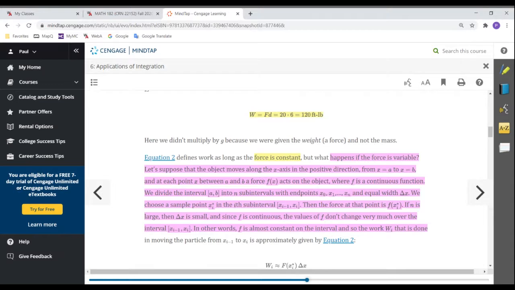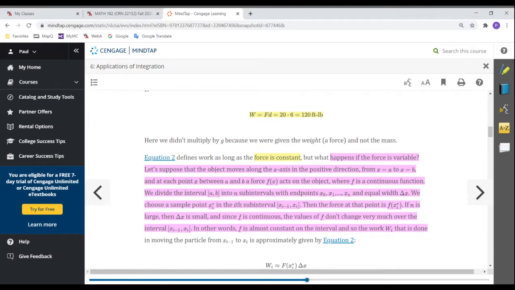We can divide the interval up into n subintervals, each with equal width delta x, and we can choose a point in the ith subinterval, point x sub i star. Then the force at that point, f of x sub i star, is our force.